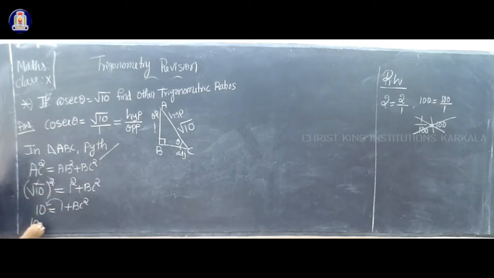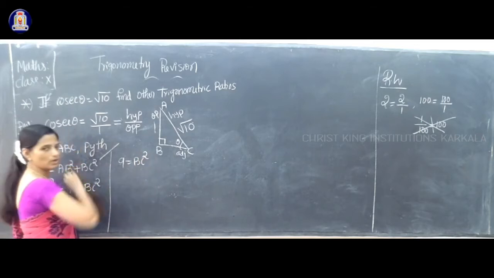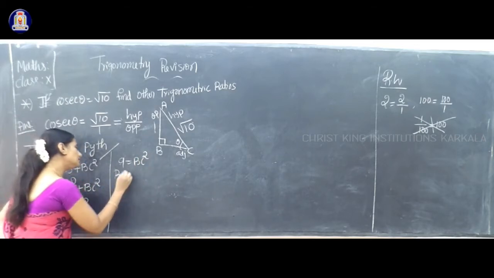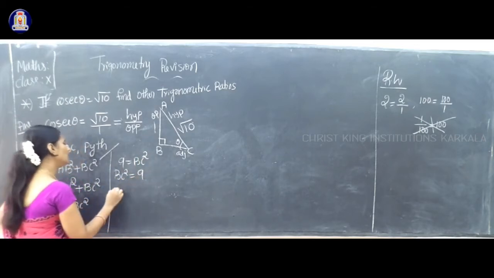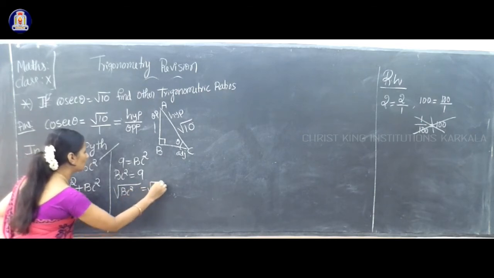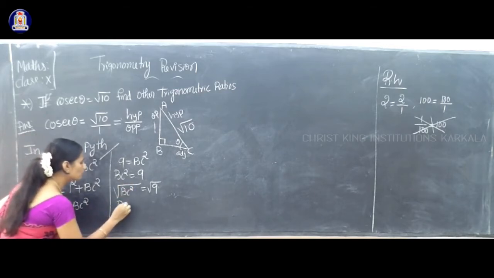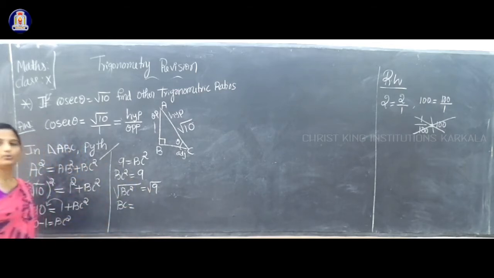It comes as 10 minus 1 is equal to BC square. 10 minus 1 is what? 9, which is equal to BC square. So therefore BC square is equal to 9. I need BC. So BC is equal to square root of 9. Square and square root cancel.